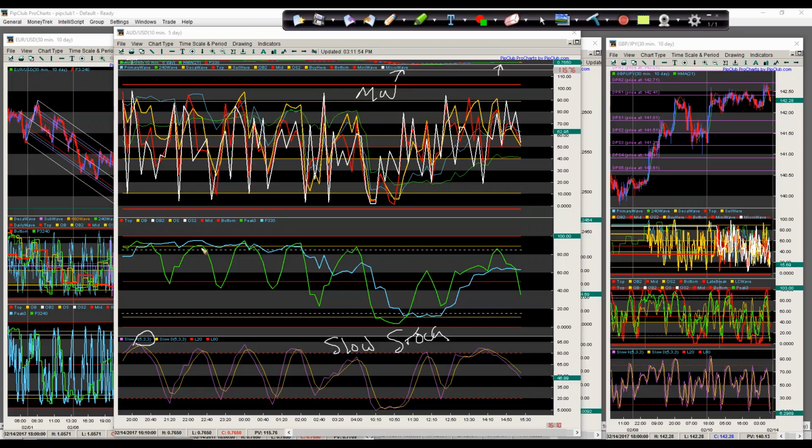And in the middle, we have Peak3 in green, which would be our 10-minute. So Peak3 in green is our 10-minute Peak3. And in blue is our 30-minute Peak3.